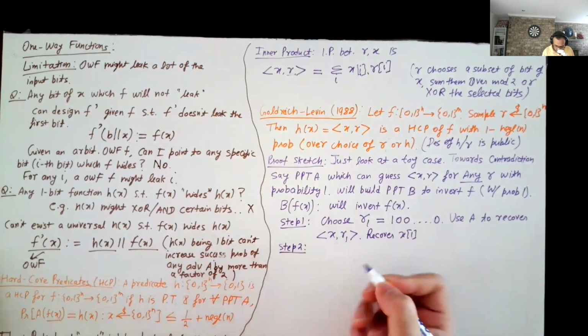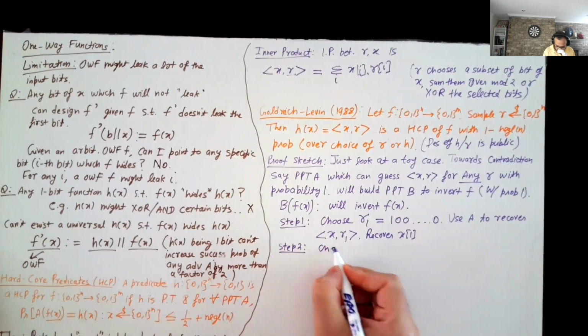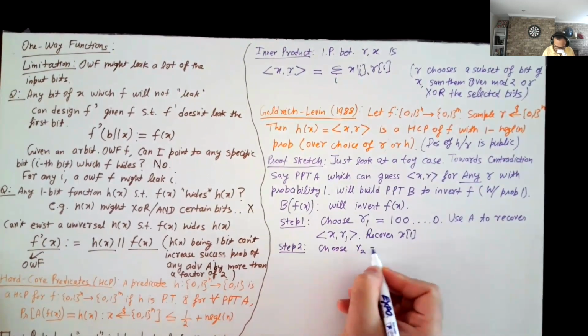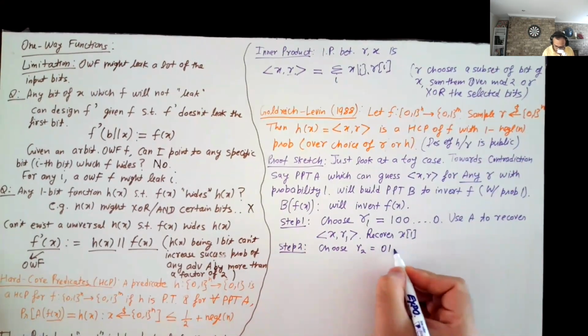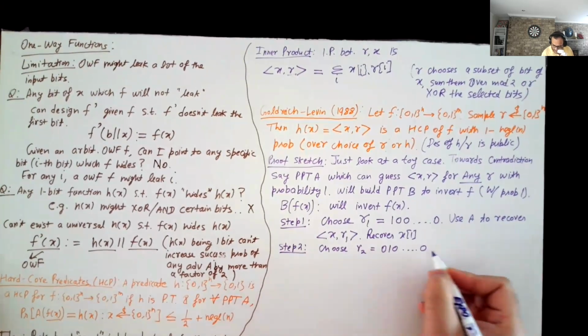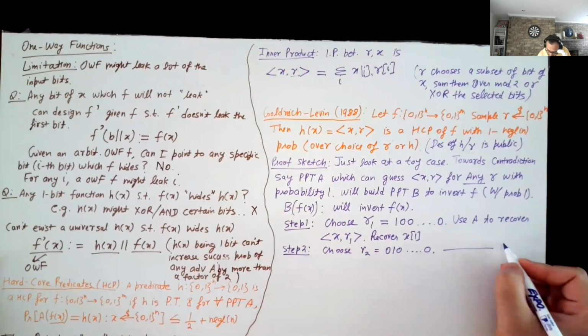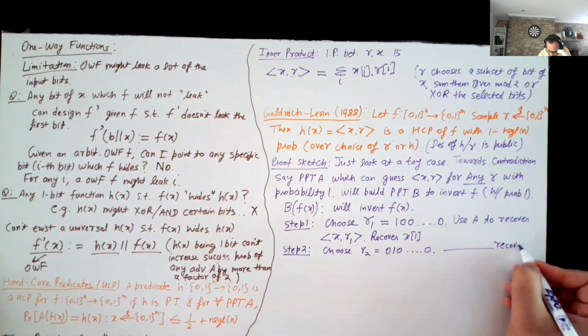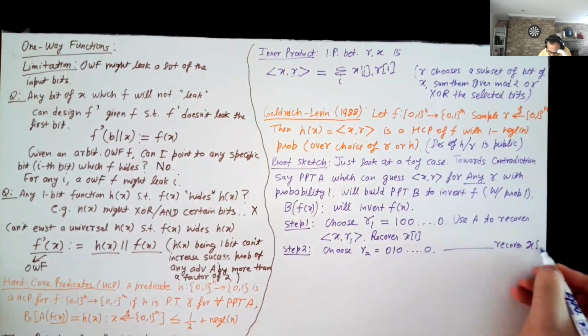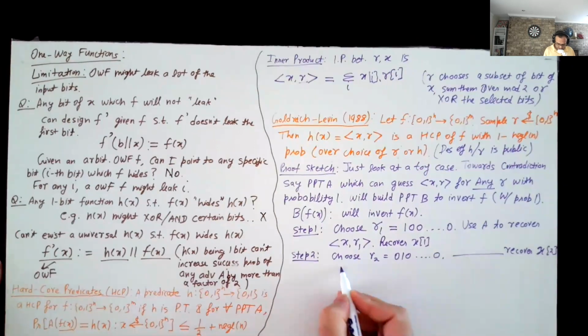Step 2, you choose, and now you can already guess, right? 0 1, everything else is 0, and then you recover now X2, and then you keep going.